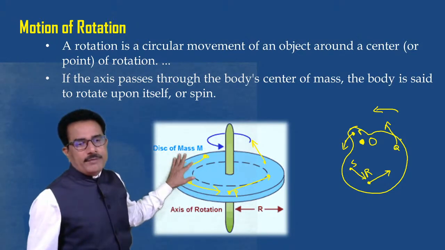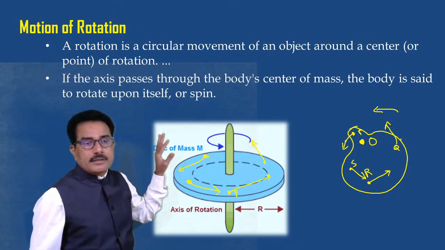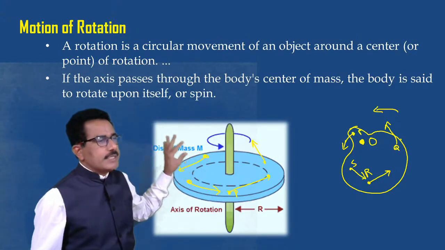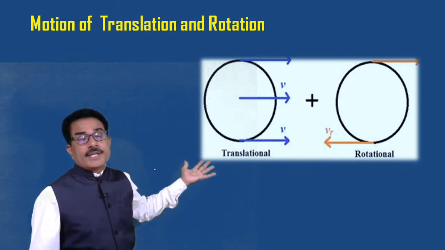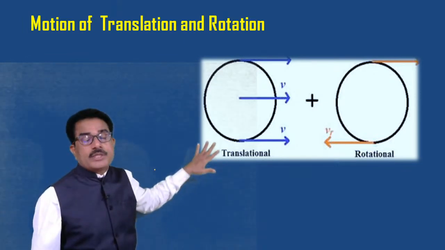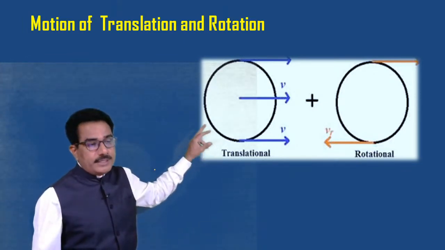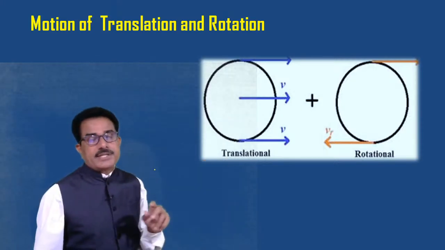So this type of motion is called motion of rotation. This is the rotation motion, and this is a translation motion.